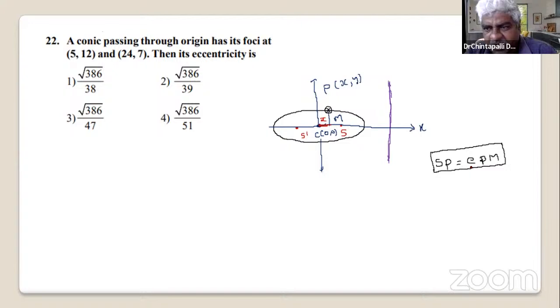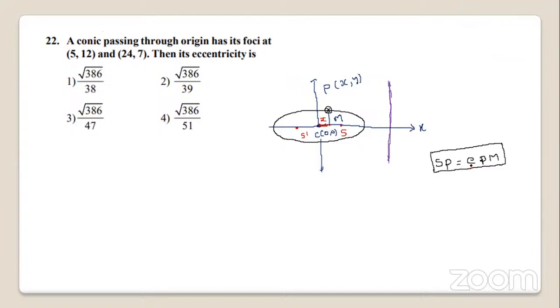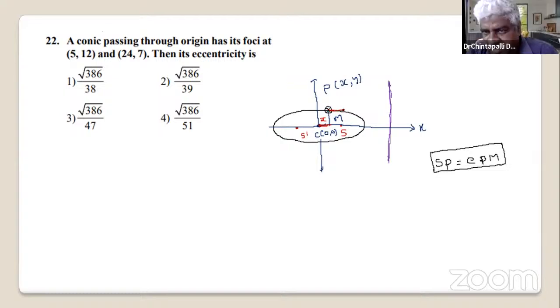That is SP is equal to e times PM, right? Now see, this is P. Let this be PM, and let this be S, so SP. Apply the basic definition for SP and PM.